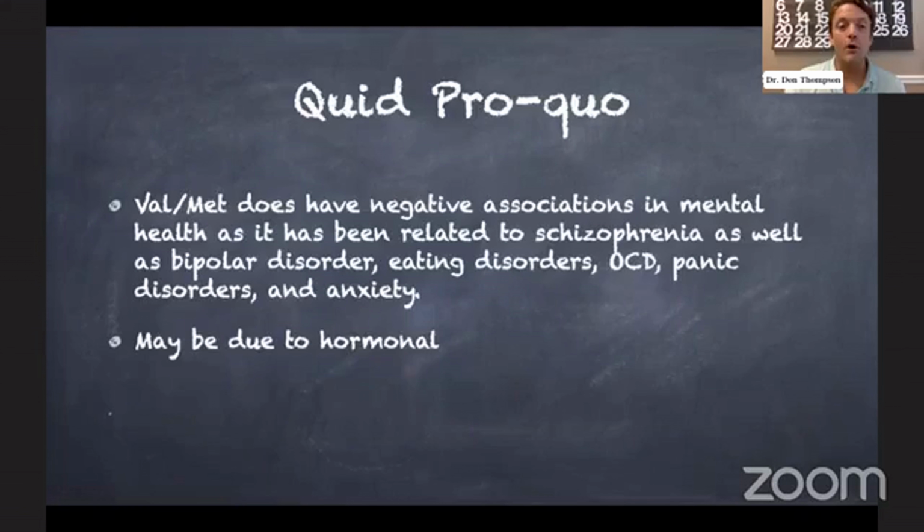However, another quid pro quo, the VAL-MET does have negative associations in mental health, as it has been related to schizophrenia, as well as bipolar disorders, eating disorders, OCD, panic disorders, and anxiety. So if you have the VAL-MET and you don't have a schizophrenic disorder and you don't have these disorders, it's not something we're incredibly concerned about.